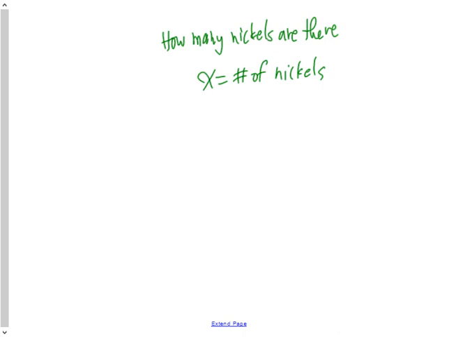So, all right, this should be fun. The value of the nickels equals the value of the pennies. If I take the number of nickels, let's say there's 20 nickels, and multiply it by 0.05, which is the value of a nickel, that is going to give me the value of the nickels.